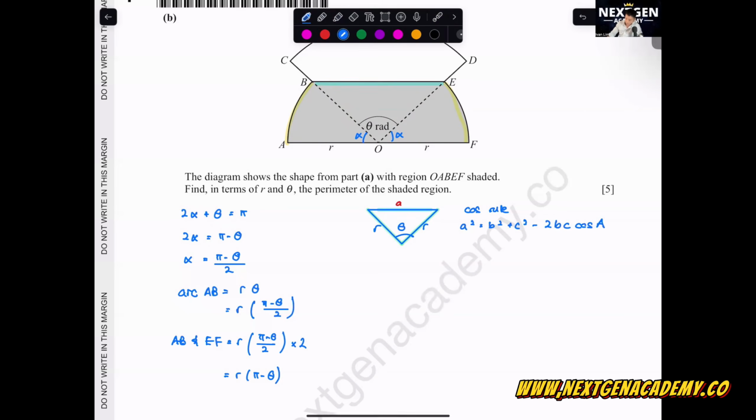Substituting the values, BE squared equals R squared plus R squared minus 2 times R times R, so R squared, cos theta. BE can be written as the square root of 2R squared minus 2R squared cos theta.